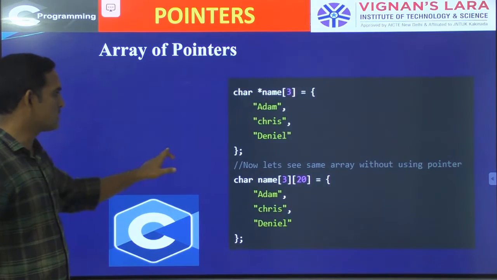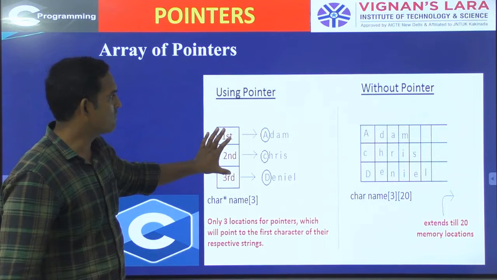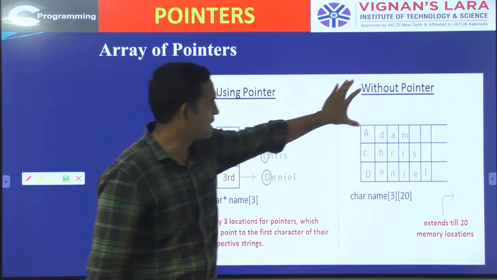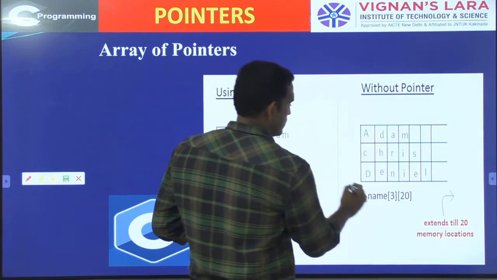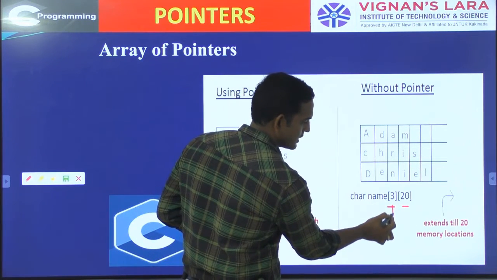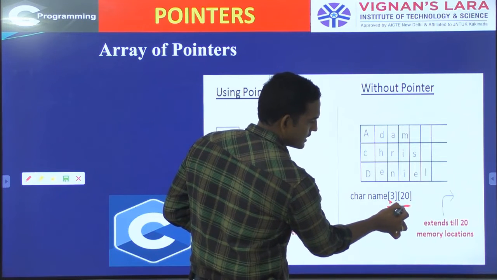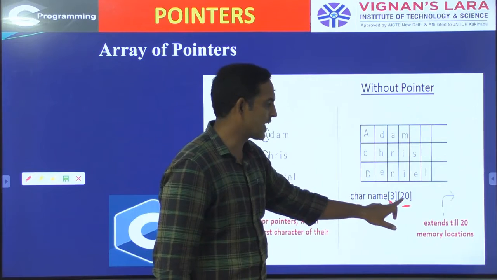So conceptually it is the same thing. This is how it will be implemented by using pointers, and this is how it will be implemented without using pointers. As you have seen in the declaration, we have 3 strings, each of 20 character length.